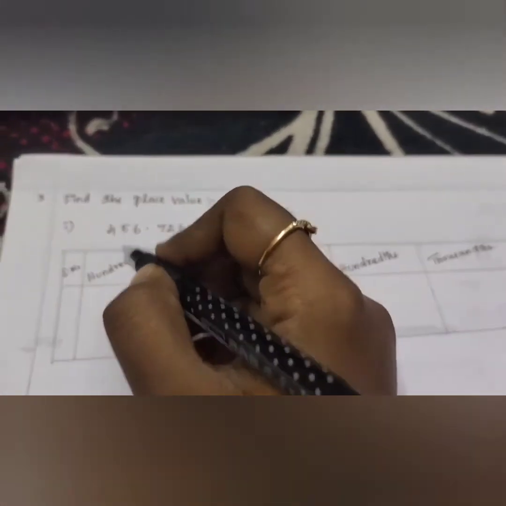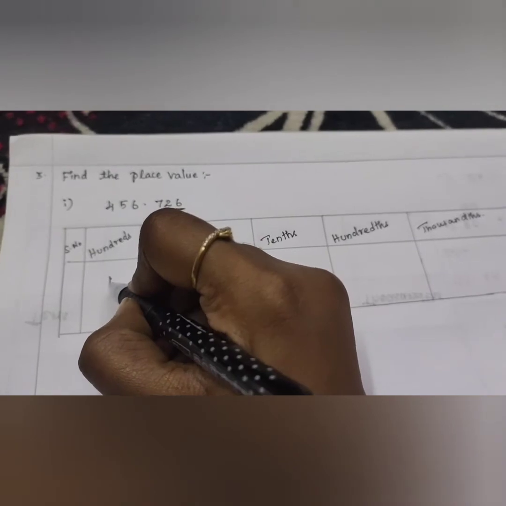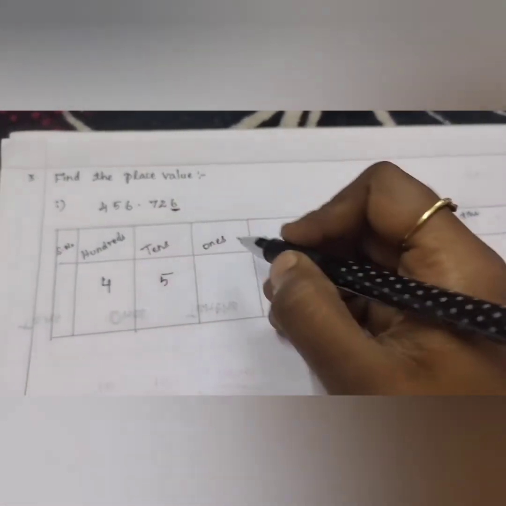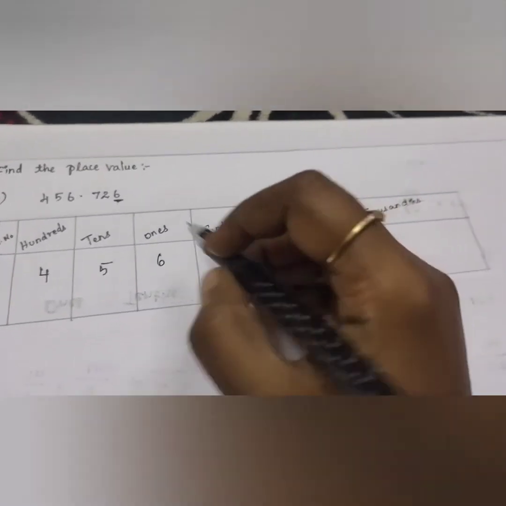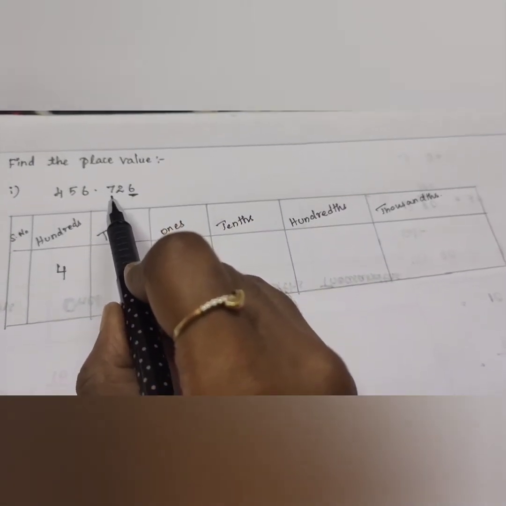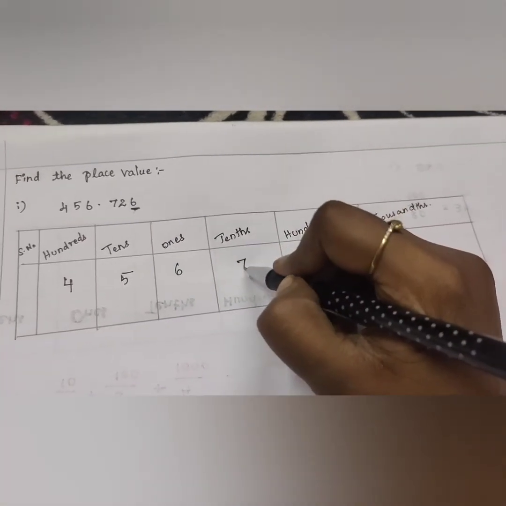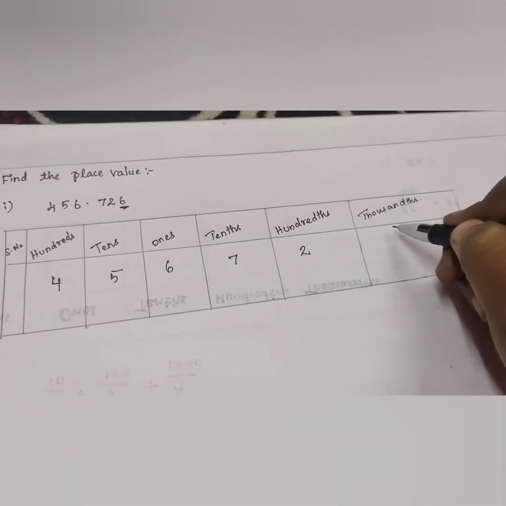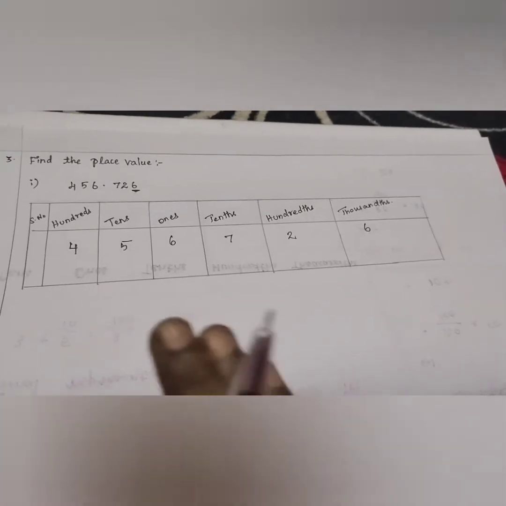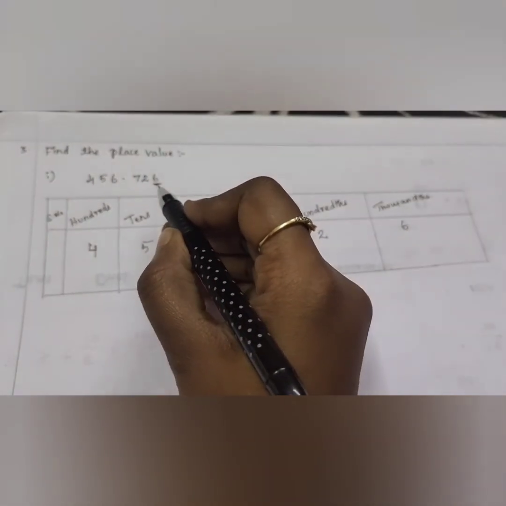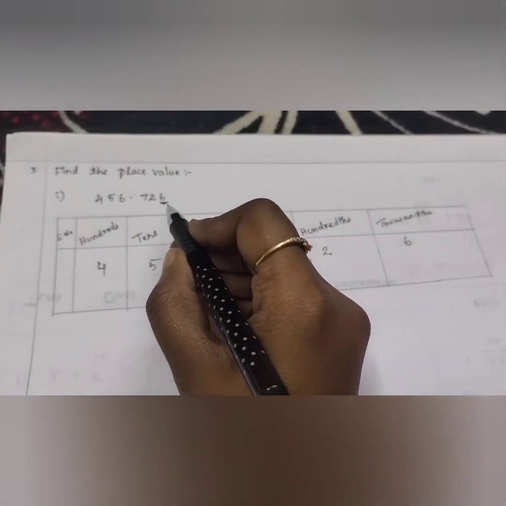Hundreds place 4, tens place 5, next ones place 6. After the point, the first digit is tenths: 7, 2, 6. I hope I am placing all the given values correctly, and now we are going to find the underlined value, the place value.